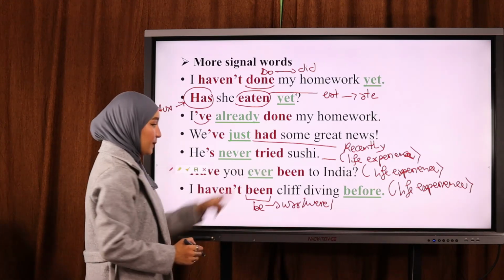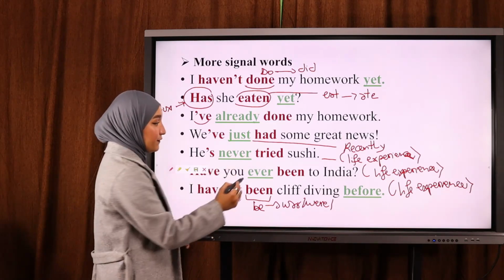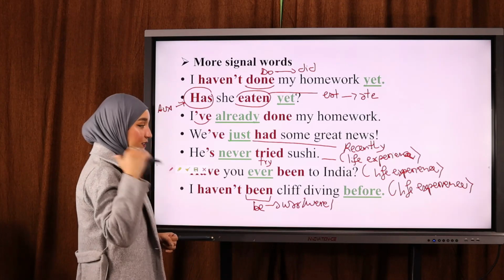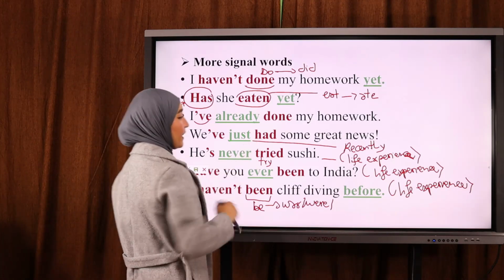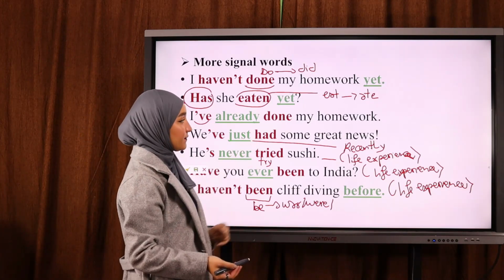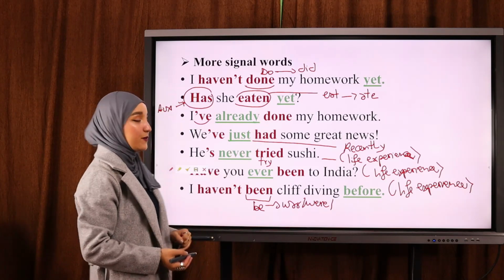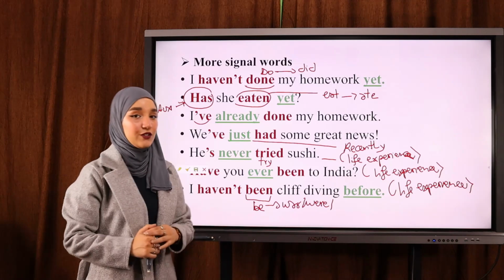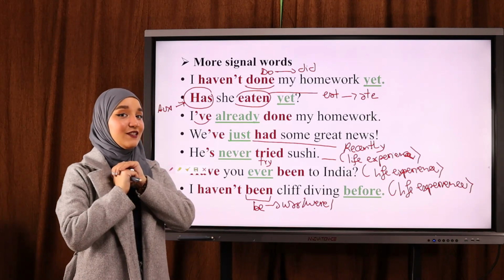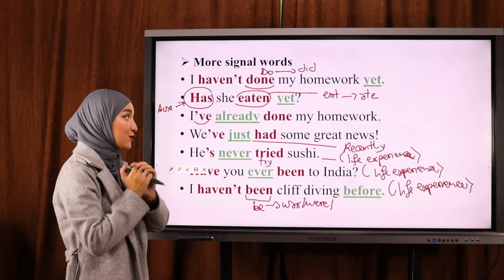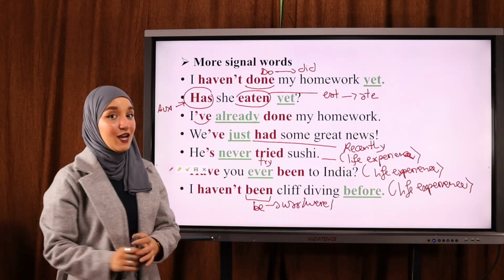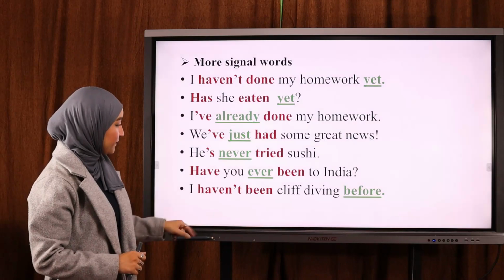Here try, the infinitive is try. أصل الفعل كان try. أحاول. حاولت, tried, okay? So here, have becomes had, okay? And do becomes done in the past participle. So these are the signal words. هذه هي الكلمات المساعدة that you can use to identify. يمكنكم من خلالها أن تتعرفوا على الزمن الperfect, okay?